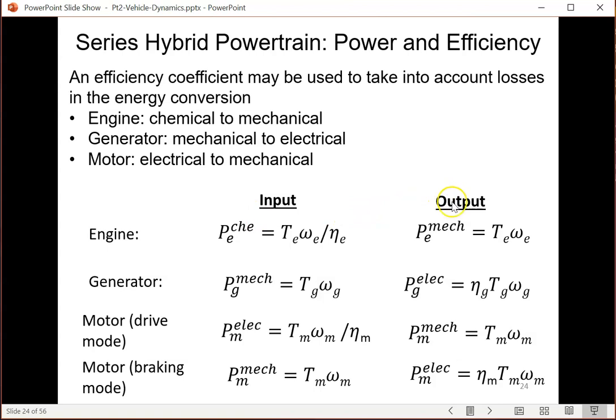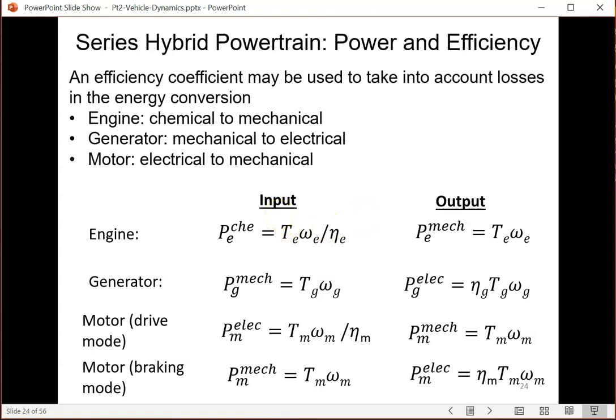For the engine, mechanical power equals TE times omega E. Now, if the engine has an efficiency of eta E, which of course is less than 1, then the input power to the engine is chemical power. It comes from burning petrol. So that would be the mechanical power divided by that coefficient, or efficiency coefficient, or sometimes we call it the efficiency constant.